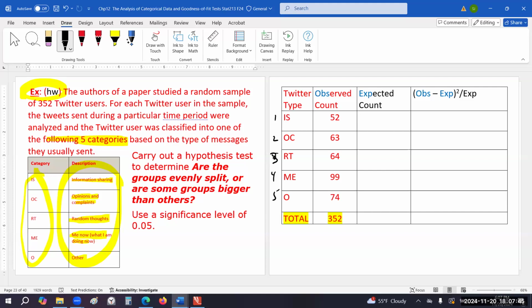They gave us some hints where we can actually see what the proportion is. Do you guys see the hint here? Is it visible to you? They're asking, are the groups evenly distributed? What does that mean?